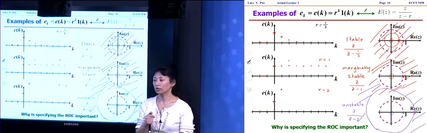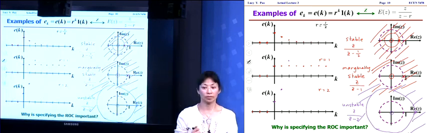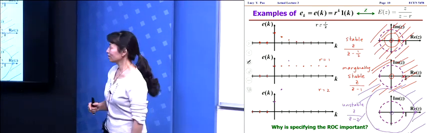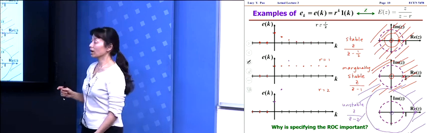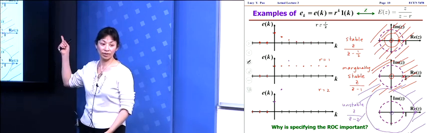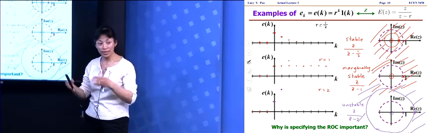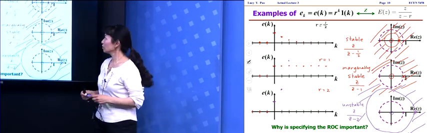All right, and we alluded to this last time. Why is it important to specify the region of convergence? Exactly, because there's a non-causal time domain sequence that has exactly the same Z transform. And so you need to specify the region of convergence to uniquely determine what that time domain sequence is.